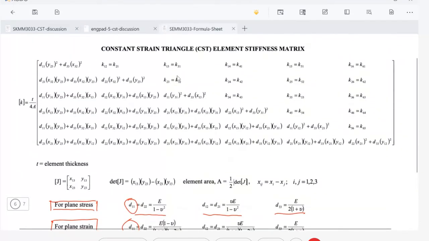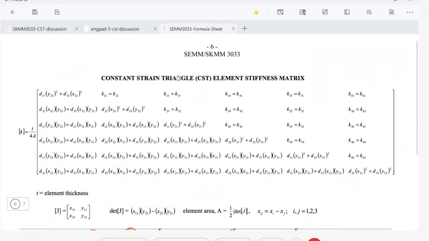Note that this is for the local DOF 1, 2, 3, 4, 5, and 6, because this is the element level and not the global level.